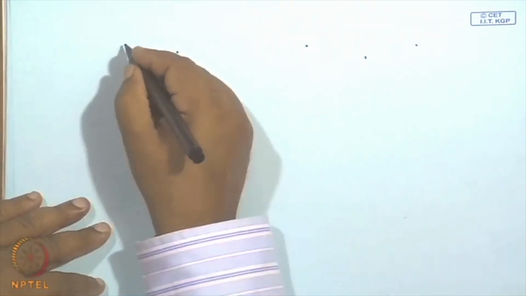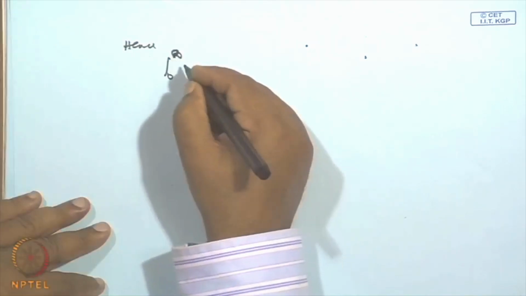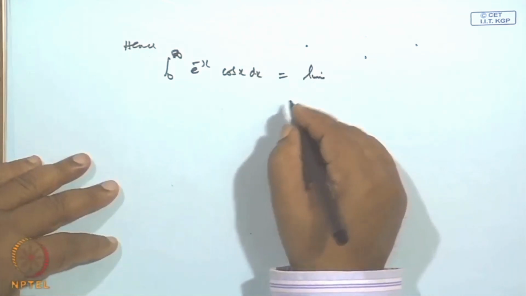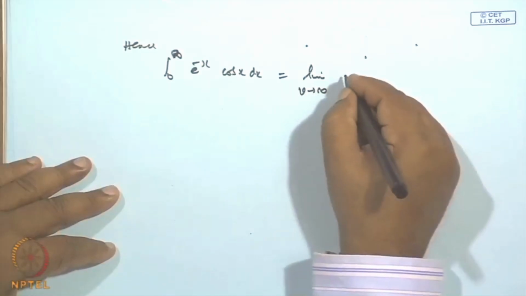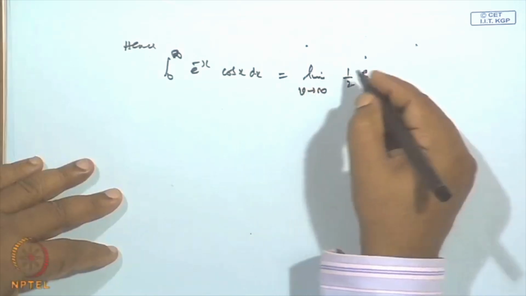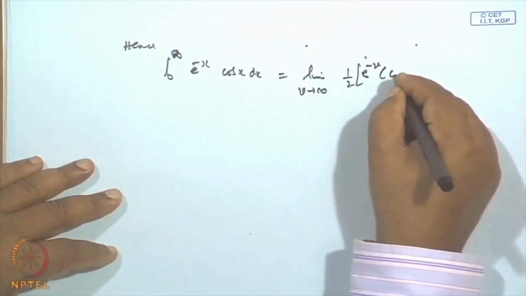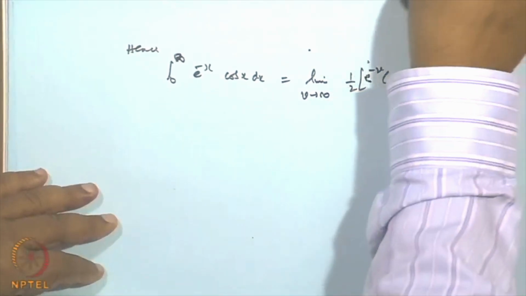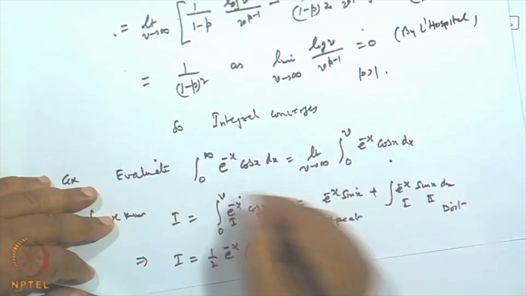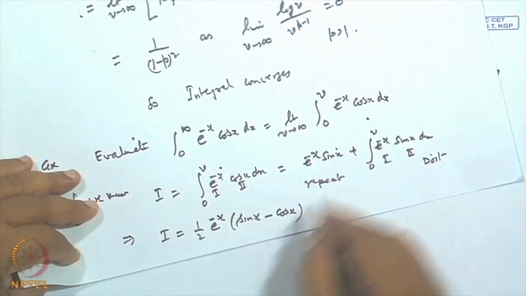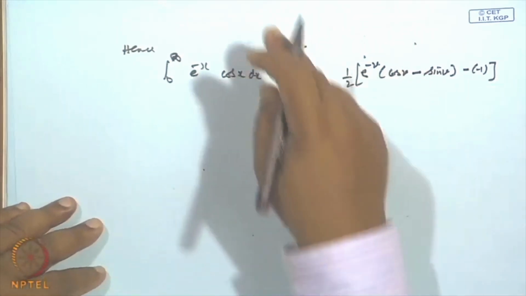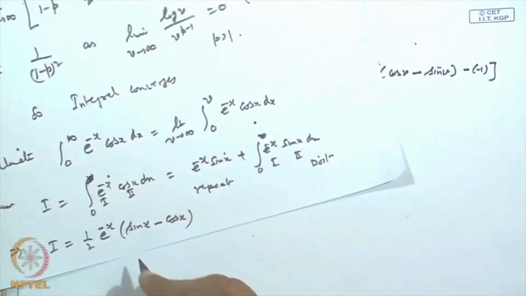Hence the integral 0 to infinity of e to the power minus x cos x dx will be equal to the limit b tends to infinity of half e to the power minus b, cosine of b minus sine of b, minus 1, because this will be when you go from 0 to b.